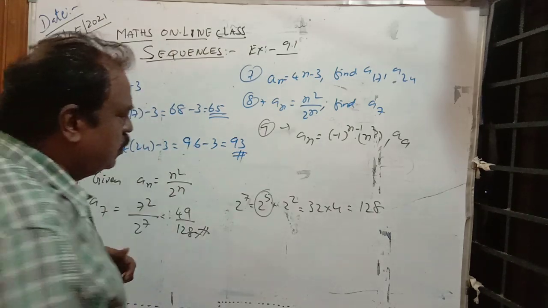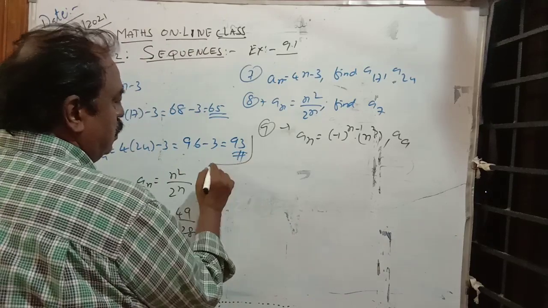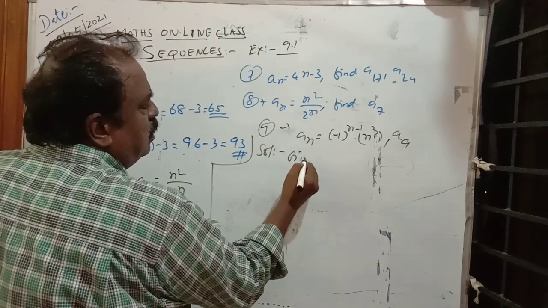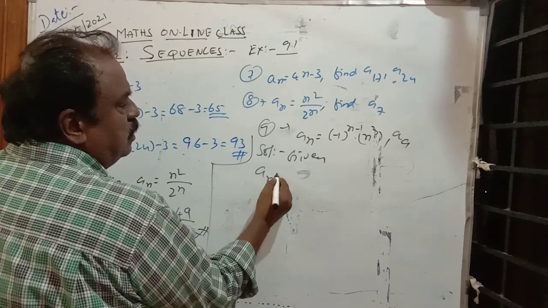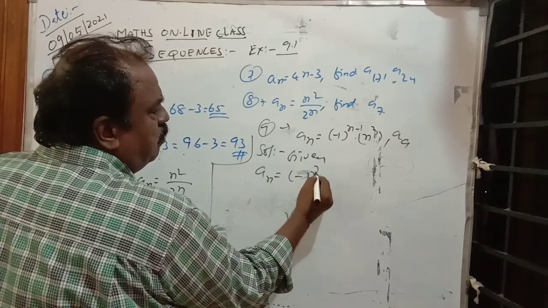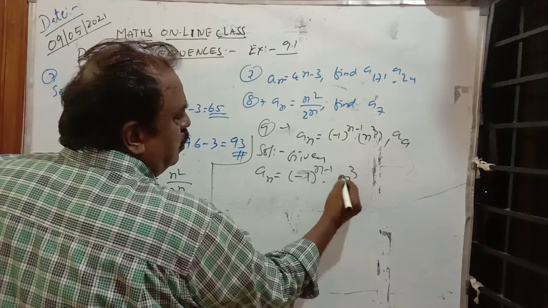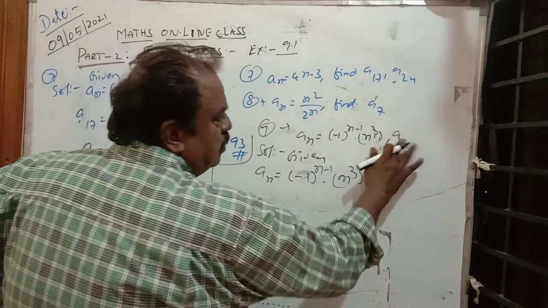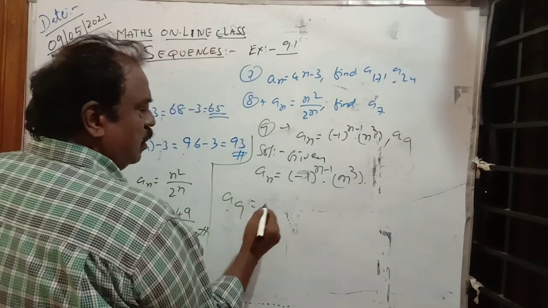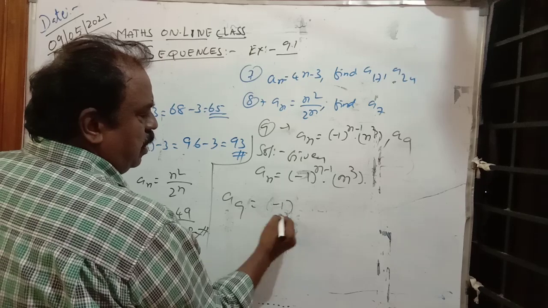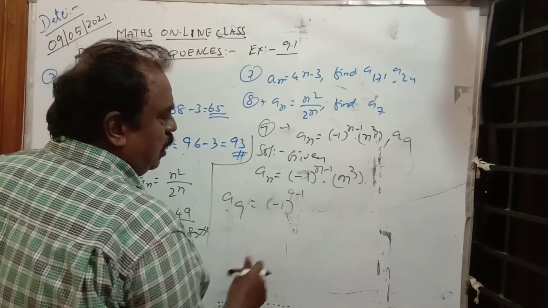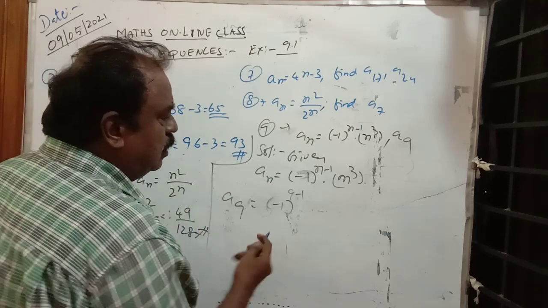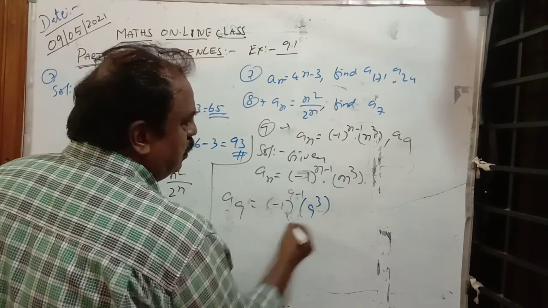Here is the solution. What is given? We have to mention. The nth term is minus 1 power n minus 1 into n cube. I have to find A9. A9 is n equal to 9: minus 1 power 9 minus 1, and it is 9 cube.